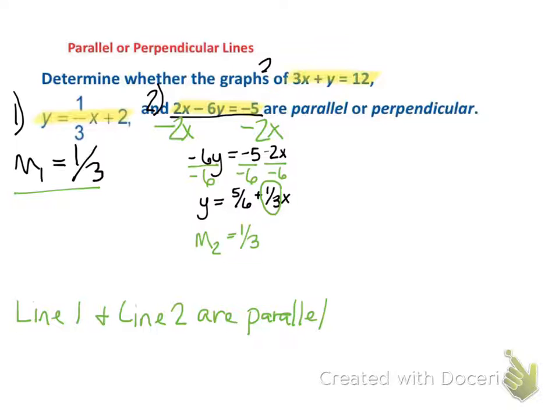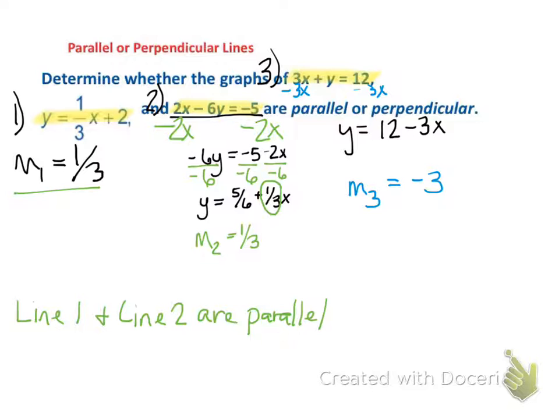All right, so now looking at line 3, we need to see the slope of that line. So again, I need to put it into slope-intercept form. So I'm going to subtract 3x from both sides, and that gives me y equals 12 minus 3x. And that's all I need to do there. So I can see that line 3 has a slope of negative 3.